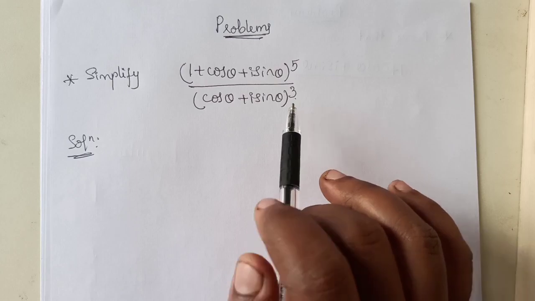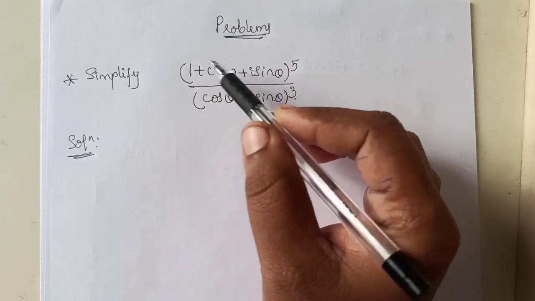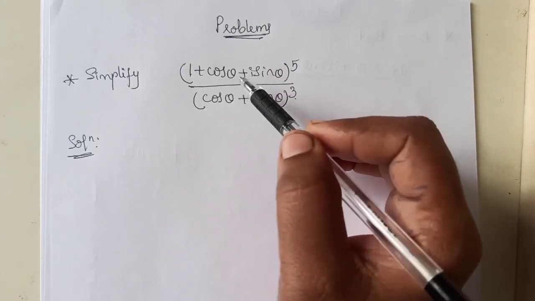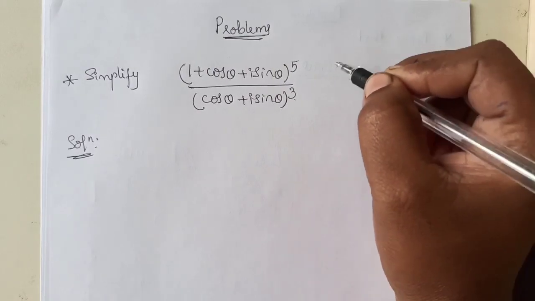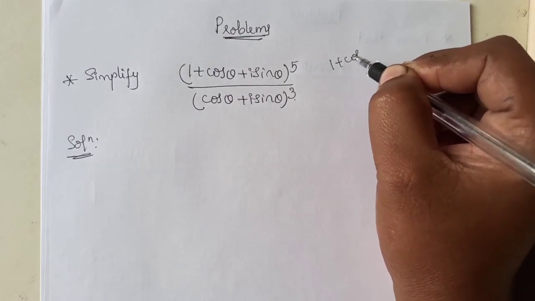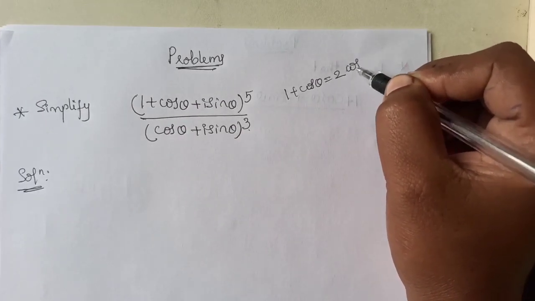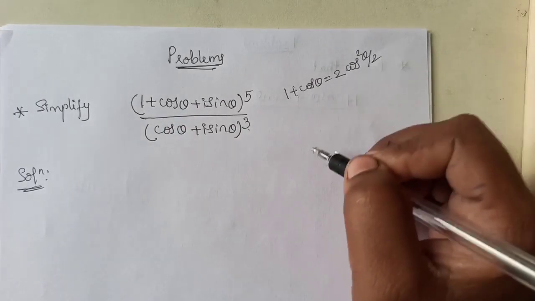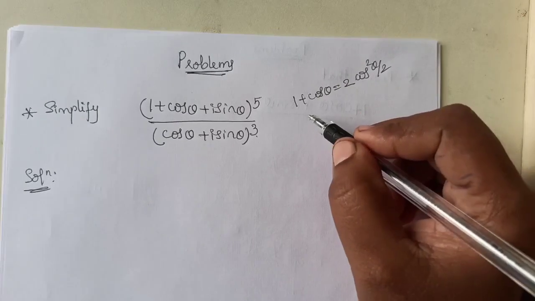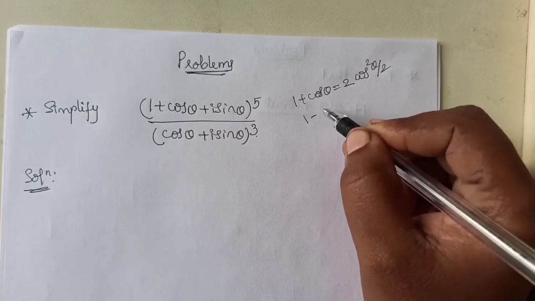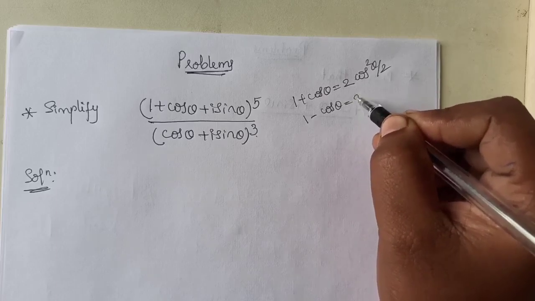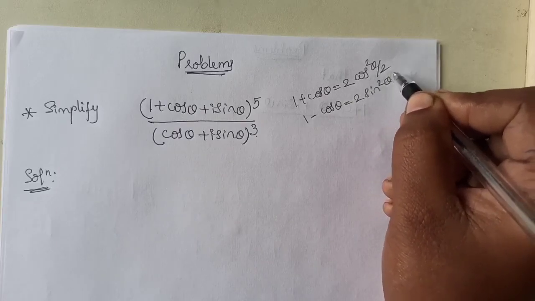Here we use the trigonometric formula: 1 + cos θ is equal to 2 cos²(θ/2). We have one more formula, 1 − cos θ is equal to 2 sin²(θ/2).